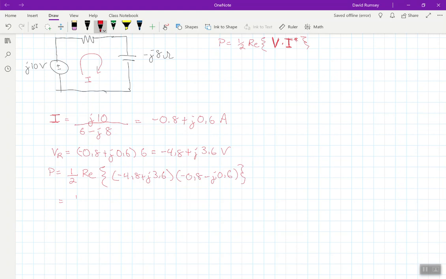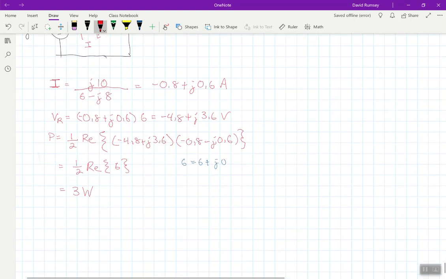And if I do that, I get 1/2 the real part of 6. Now you might say, what's the real part of 6? Don't overthink this. The real part of 6 is just 6, because 6 is equal to 6 plus j0. So the real part is just 6. So my answer here is that the average power that the resistor is absorbing is 3 watts.